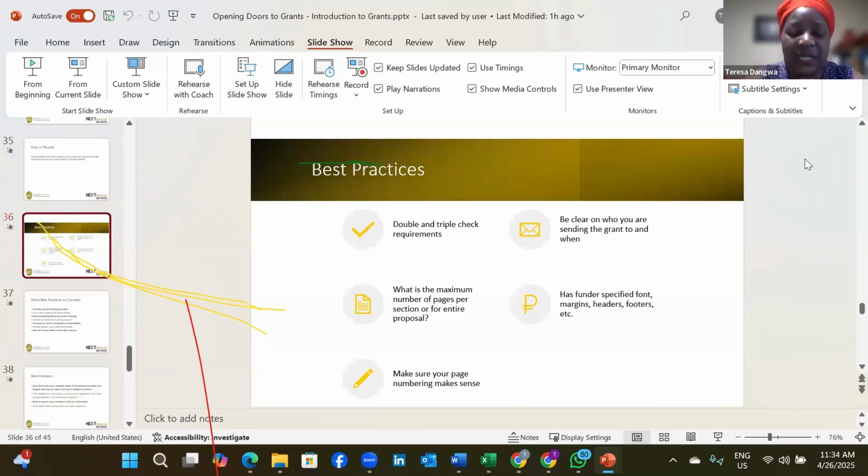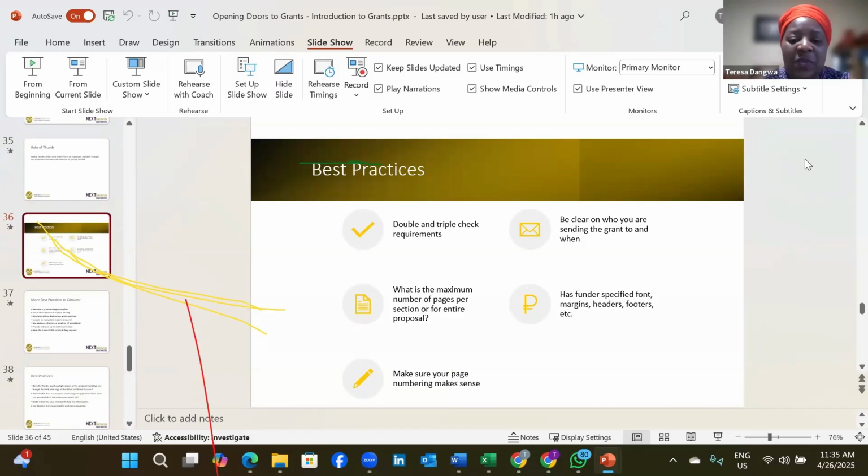What are some best practices to consider? Double and triple check the requirements of the funder. What is the maximum number of pages per section or for the entire proposal? They always give you these very specific instructions.